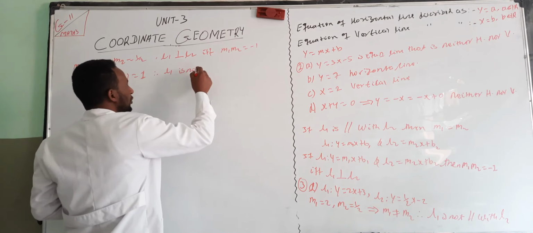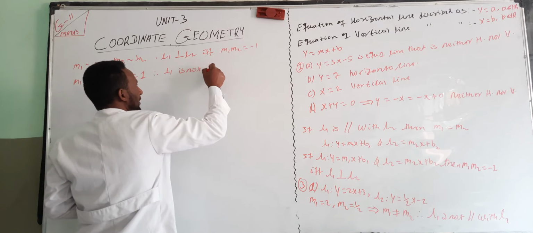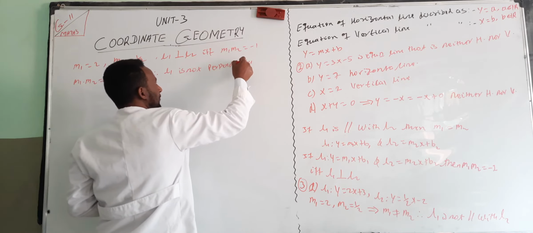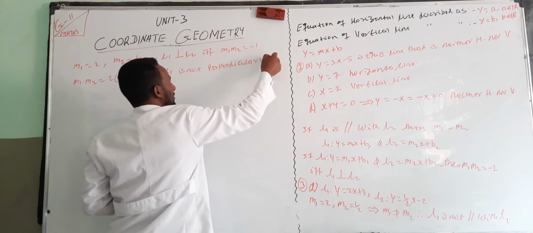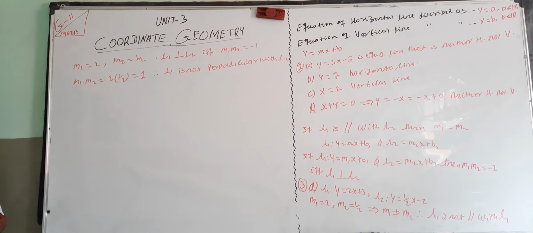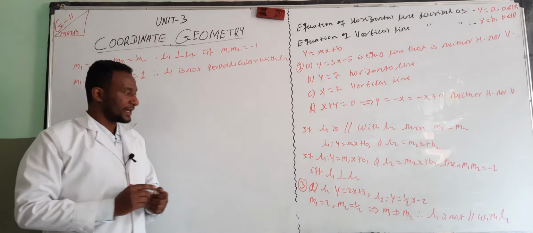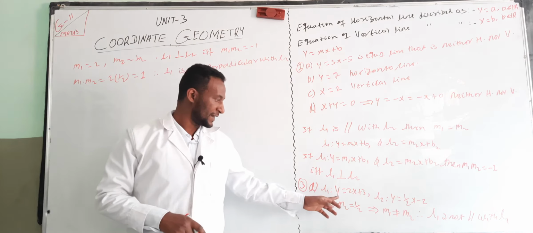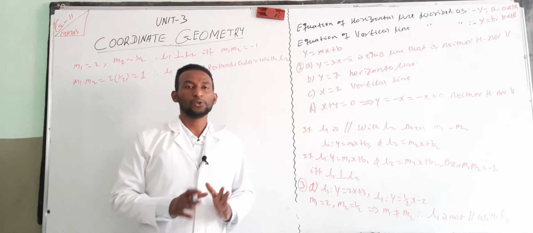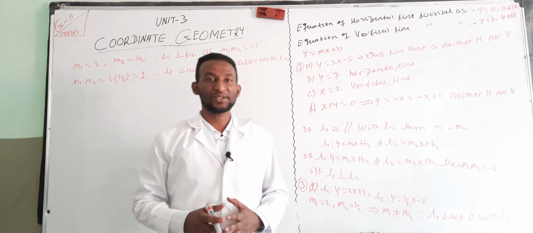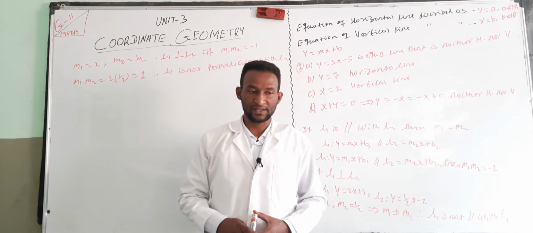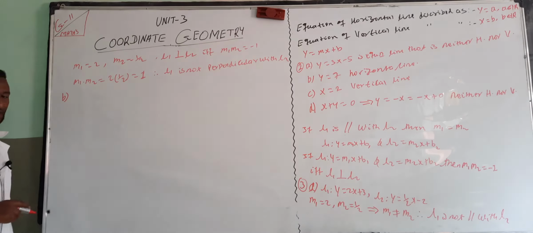So these lines are not perpendicular and not parallel, but they intersect each other, though not perpendicular. Let us see B.